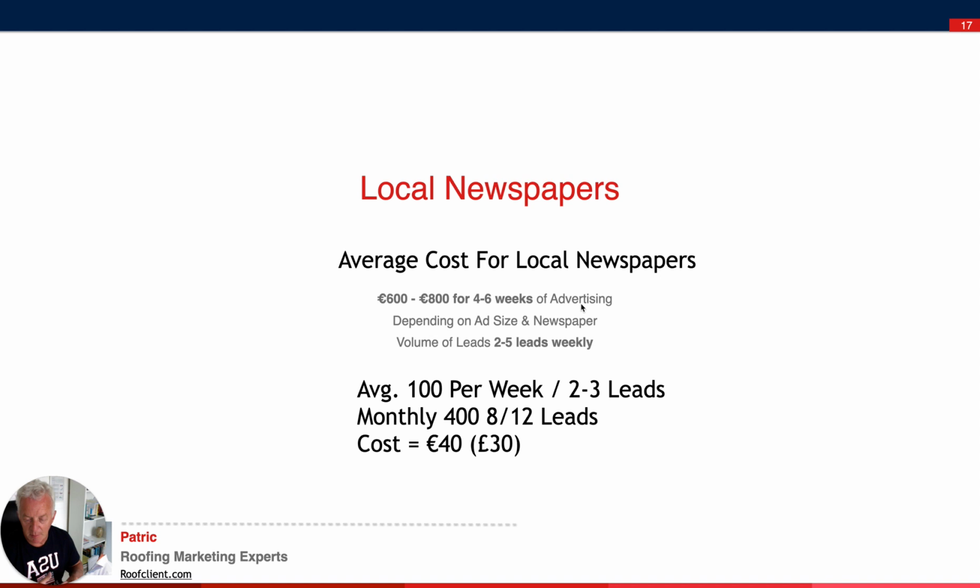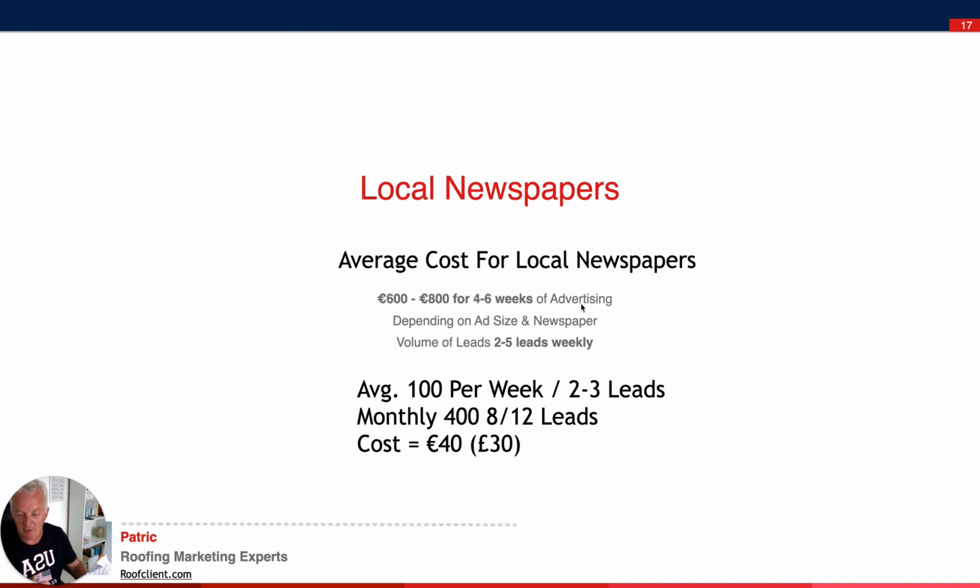So we're looking at about 10 a month, so the cost will be about €40 or 30 pounds sterling per lead. Those are averages. You can argue up or down, but those are fairly conservative averages. That's what you're looking at for newspapers and what you'd be paying.